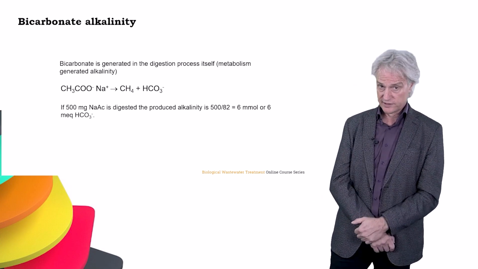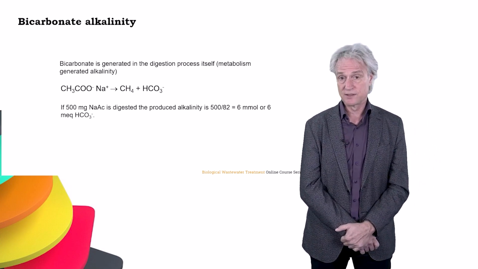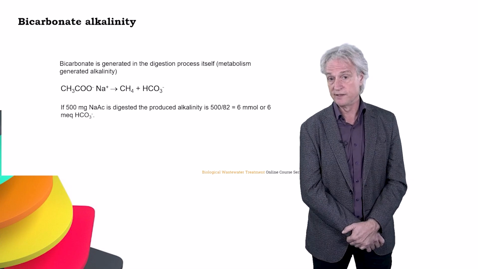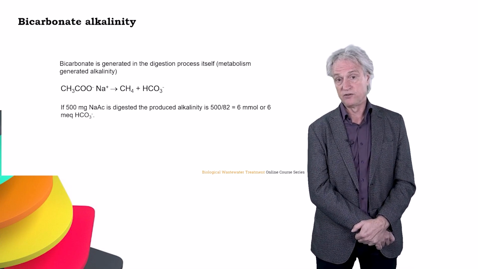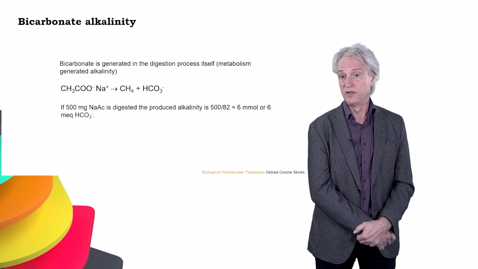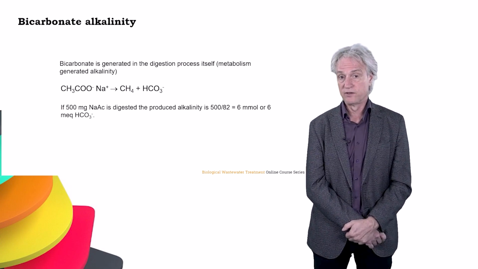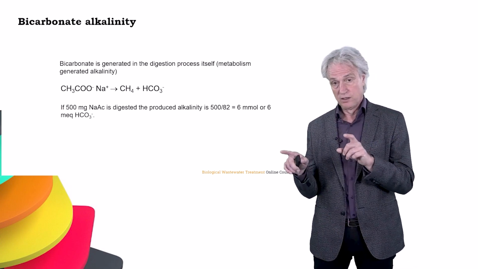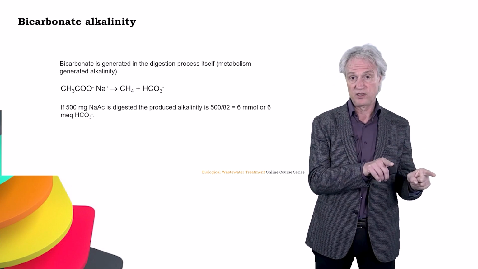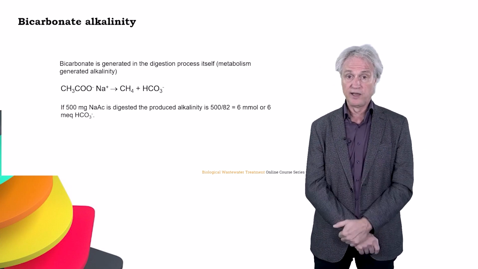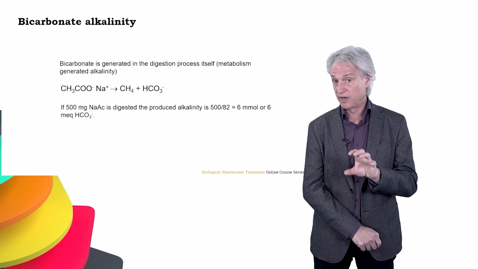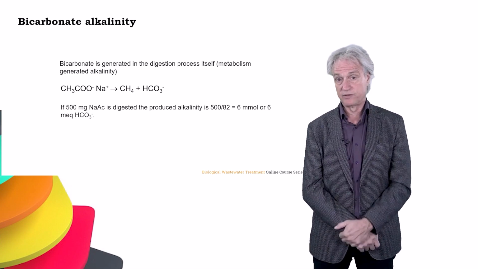If you digest 500 milligrams sodium acetate, the produced alkalinity is 500 divided by 82, since the molecular weight of sodium acetate is 82. That is 6 millimolar, or 6 milliequivalent bicarbonate. So by digesting 500 milligrams of acetate, we produce 6 milliequivalent of bicarbonate. And that bicarbonate acts as a buffer.